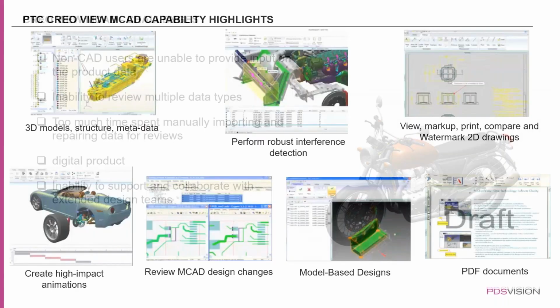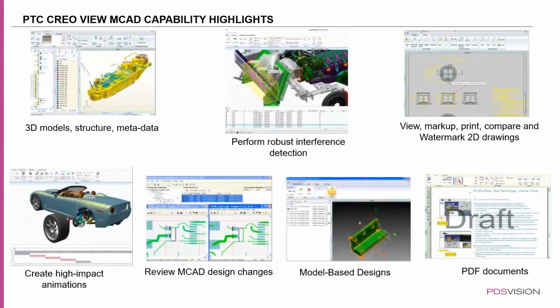Okay. So these are some of the tools or the capabilities that Creo View MCAD has. So for the non-CAD users, they can open a CAD model and view that CAD model. They can also view the structure for that CAD model, and they can view the metadata for that CAD model, meaning that they can also view the bill of materials for that CAD model without having to use a CAD authoring application.